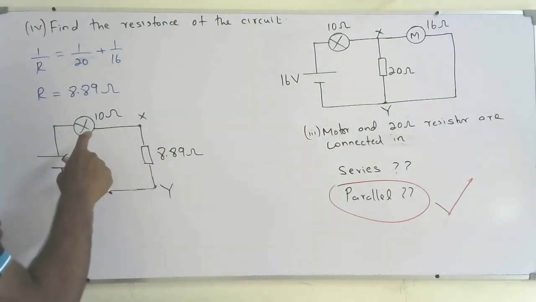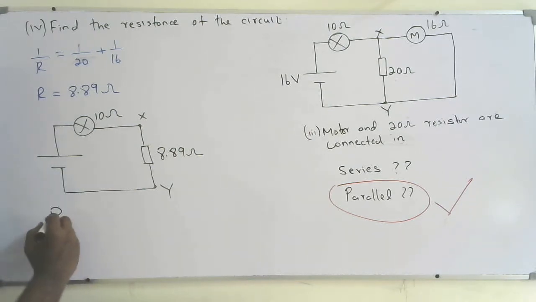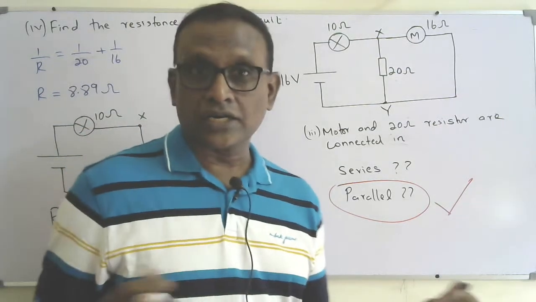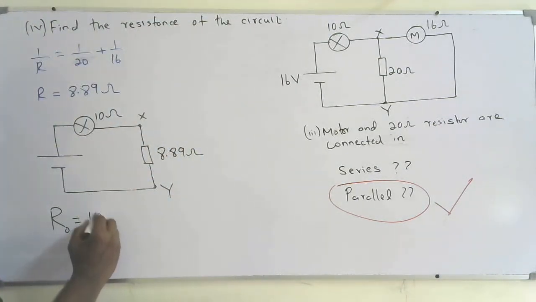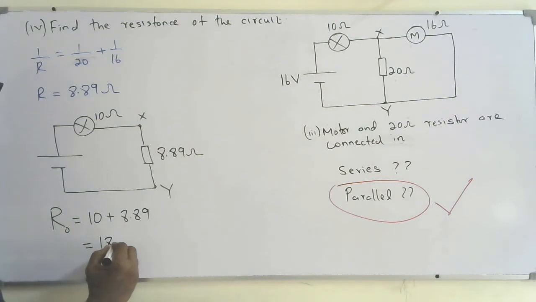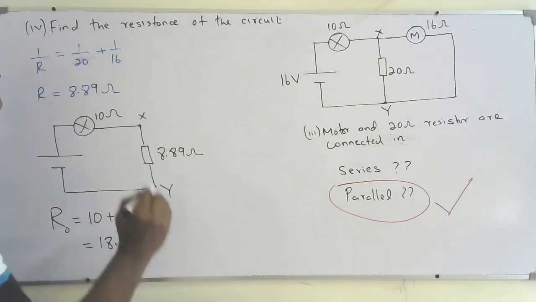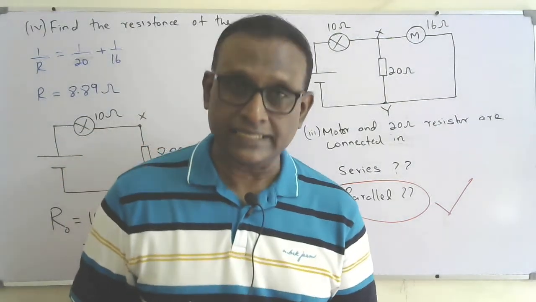Now I can say the total resistance of the circuit, R naught, is equal to, since they are connected in series, just added, R1 plus R2. So 10 plus 8.89 will be 18.89 ohms. That is the equivalent resistance of the circuit.